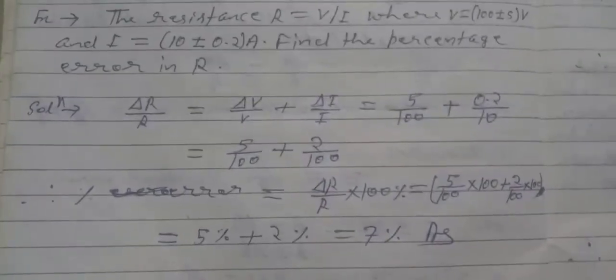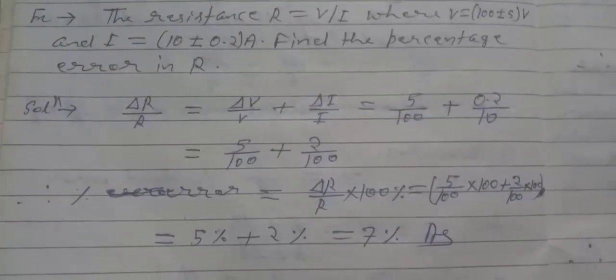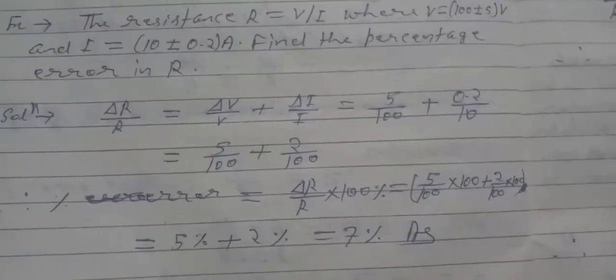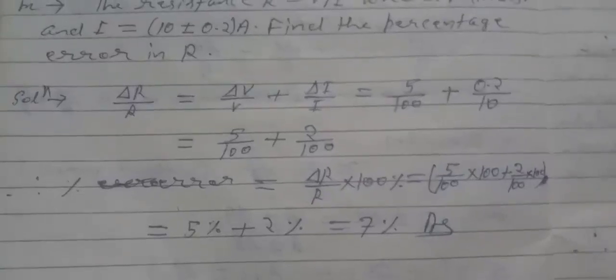Hence, percentage error delta R by R into 100% equals 5 by 100 times 100 plus 2 by 100 times 100 equals 5% plus 2% equals 7%. Answer.